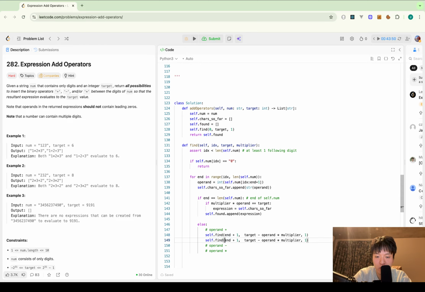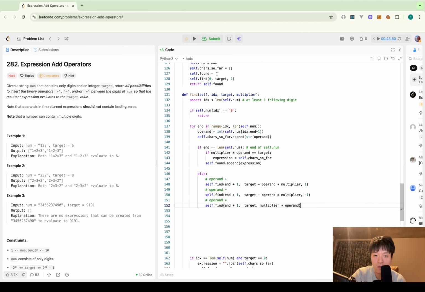And if I choose minus, the multiplier should be negative. And if I choose multiply, I don't evaluate the operand here, but I pass the operand later with the multiplier in this way. And I continue. Also I have to update the char software.